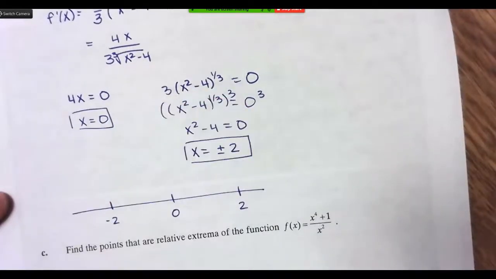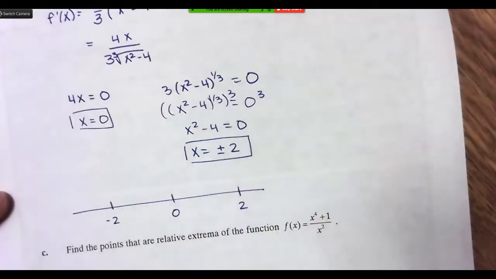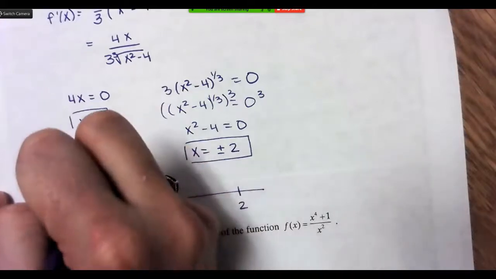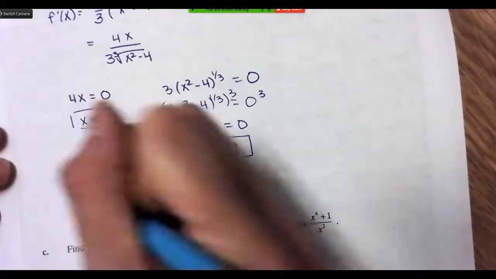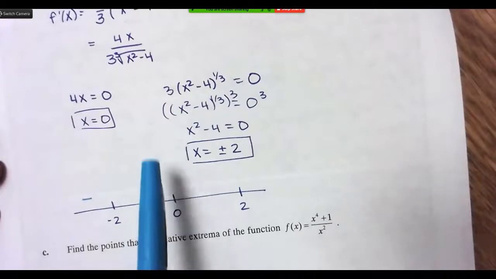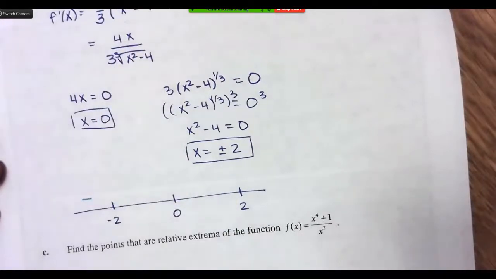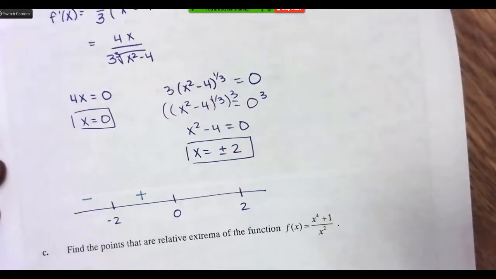The cube root of 5 is going to be positive, times 3 is positive, so a negative divided by a positive is negative. So this graph is negative to the left of negative 2. Plugging in negative 1 gives me a negative on top. And 1 minus 4 gives negative. The cube root of a negative is negative. So a negative divided by a negative is a positive.